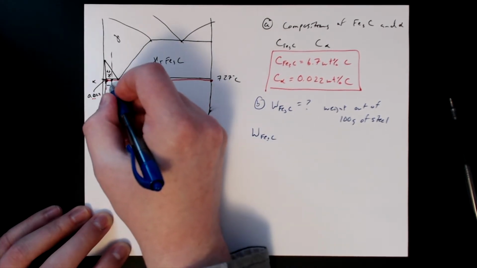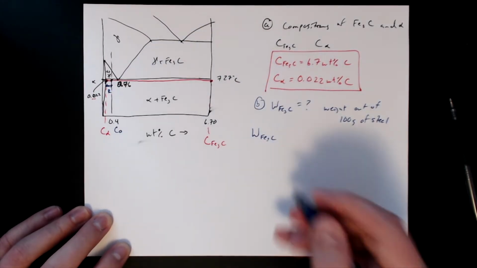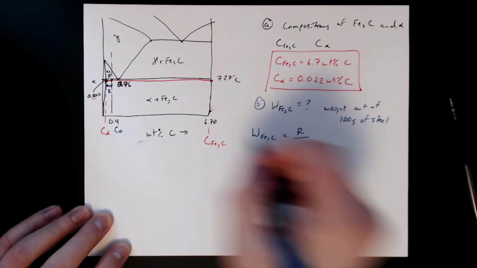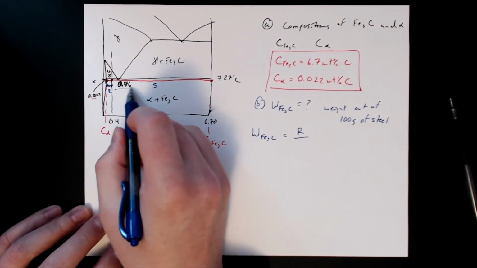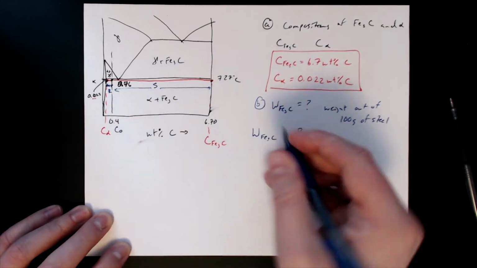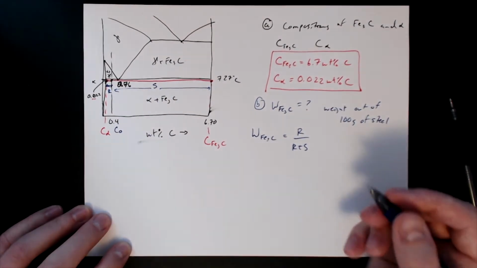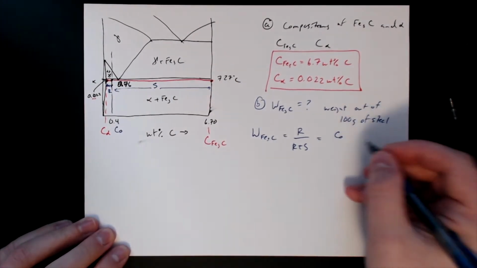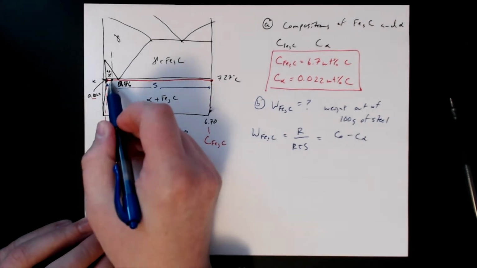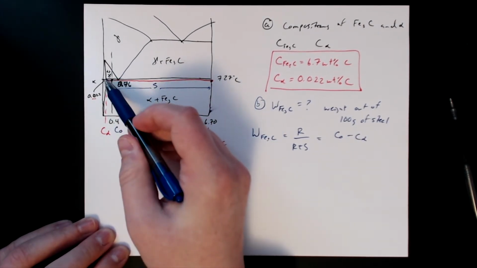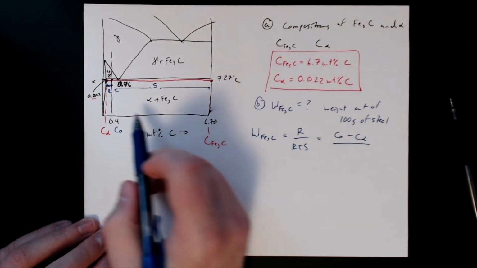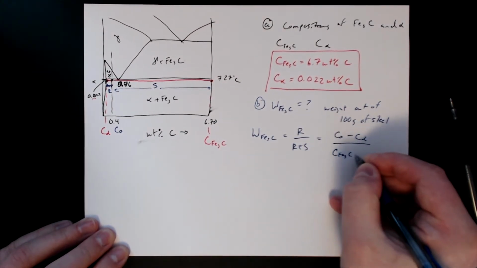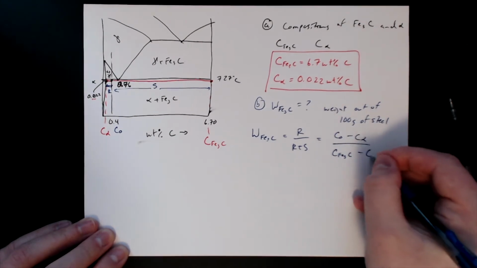So we're going to take this small fraction over here, which we've been calling R. The weight fraction of cementite is going to be R over this, which we called S, so this whole distance here, R plus S. If we convert that into compositions, R is C naught minus C alpha. This is C naught, and this is C alpha, so it's just the difference of those two. And then the total length is the composition of C Fe3C minus the other endpoint C alpha.